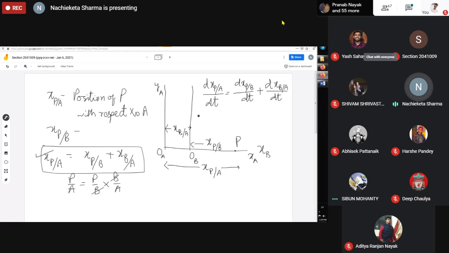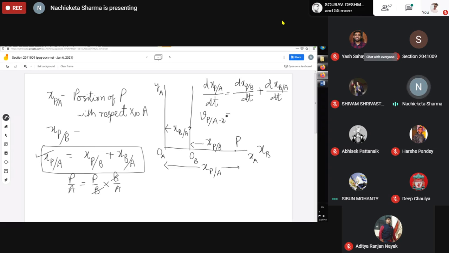Okay, and how is this represented? This is represented as the x velocity of P with respect to A, because it is x velocity, so I have to write A with subscript x.